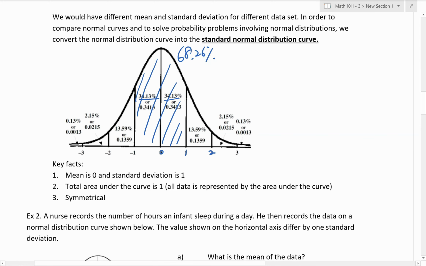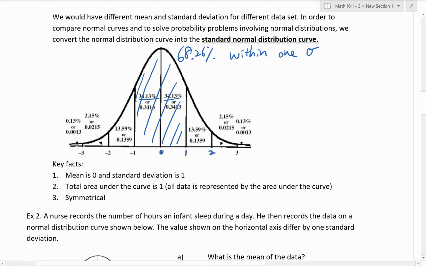More than 2/3. Within 1 standard deviation of a normal distribution curve, it covers 68.26% of all the data values, which covers, we can say, most. So this is within 1 standard deviation, within 1 sigma.